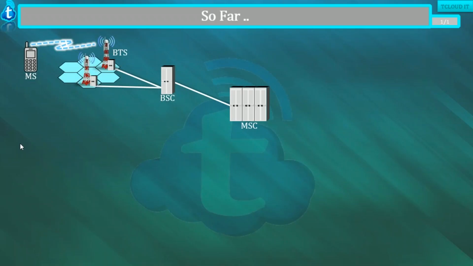They started adding many more BTSs to cover many more cells, the areas covered by these towers, which we typically call cells. And there could be multiple BTSs organized by a BSC. Multiple doesn't mean two. It could be any number. It could be 20, 80, 100, or 500.